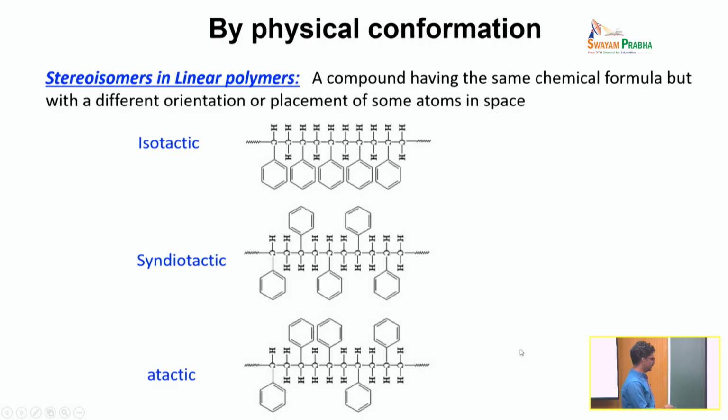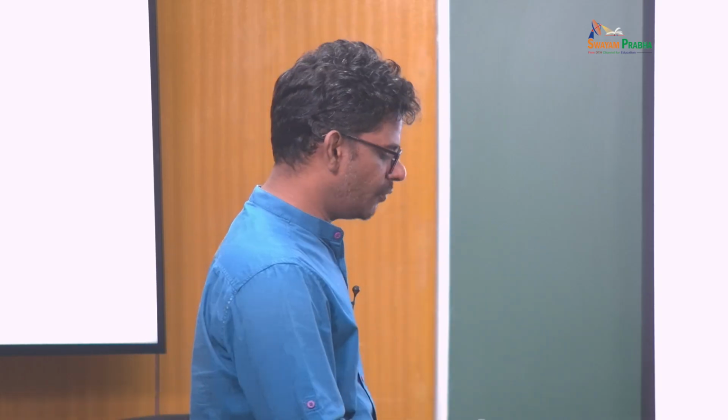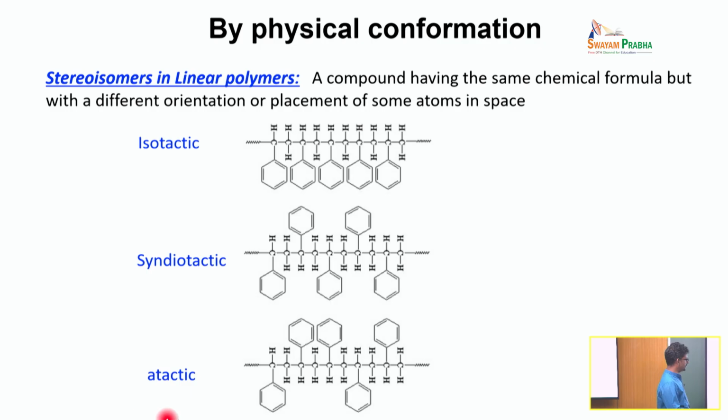Then there is something called atactic. Atactic basically means that there is no particular order, so they are randomly placed on the backbone chain. Depending upon how you synthesize the polystyrene molecule, you can have isotactic, syndiotactic, or atactic.